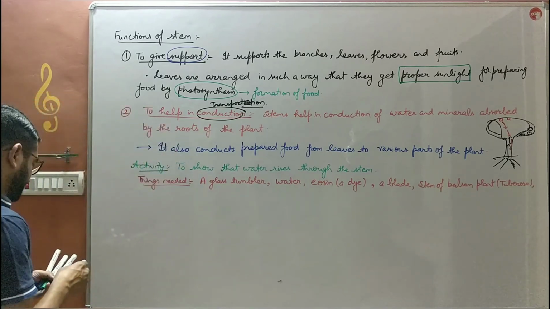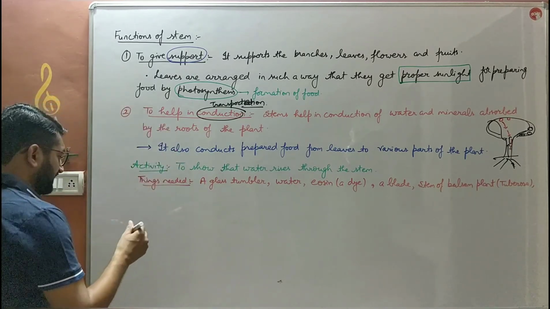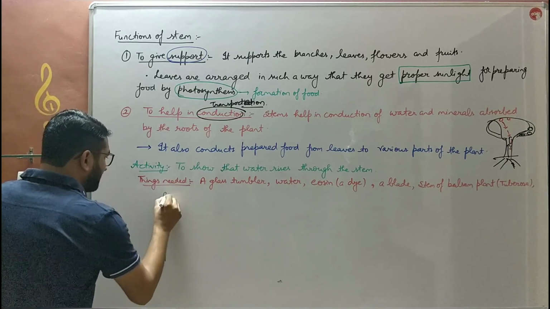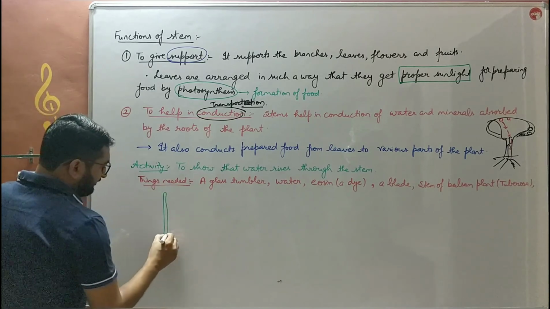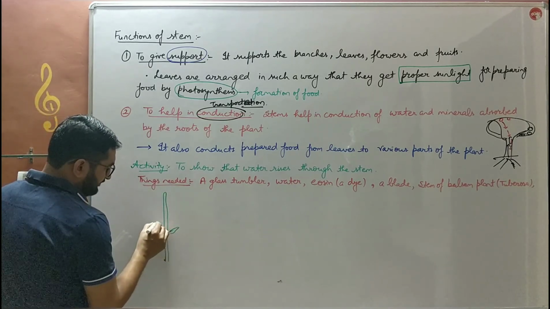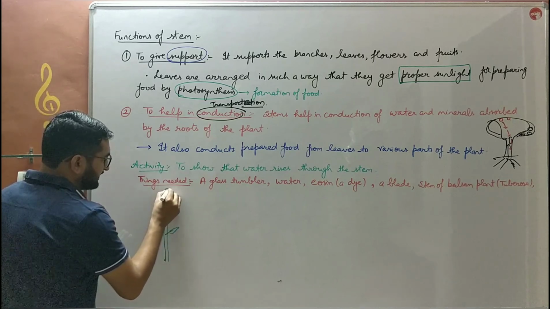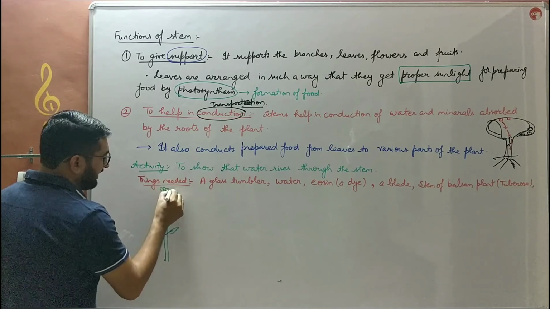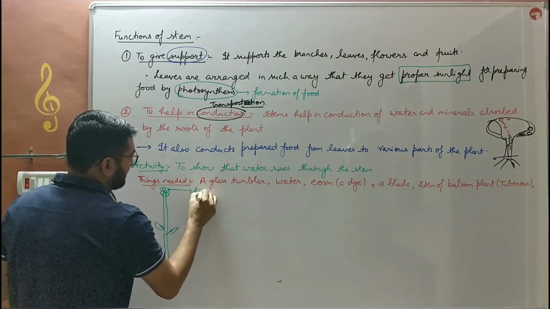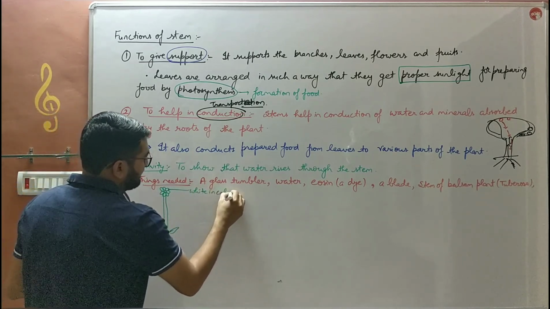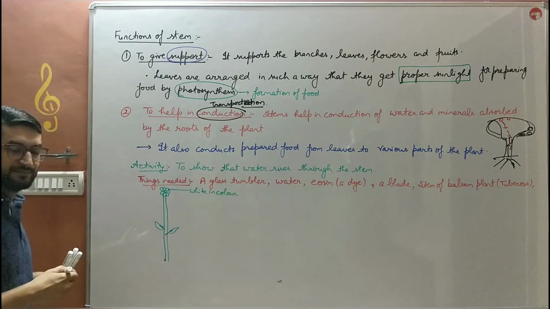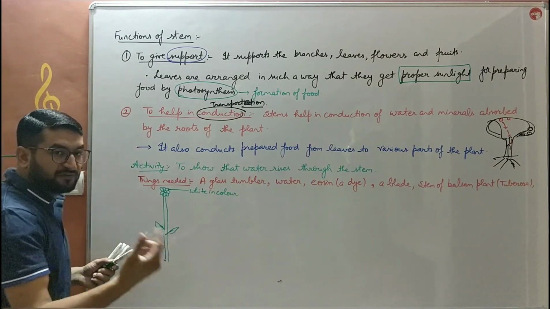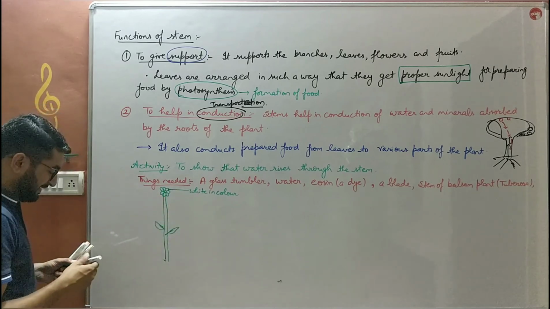So in the method, what we have to do is, we have to take a plant and cut its stem. That plant must possess a flower, and that flower is of balsam, and balsam's flower is white in color. That stem we have cut out from the main plant. हमने उस stem को cut कर लिया main plant से.